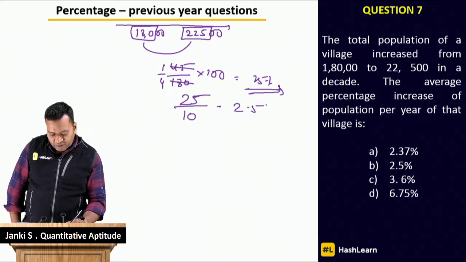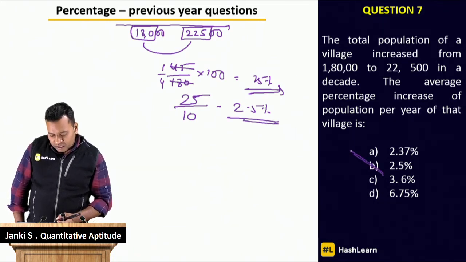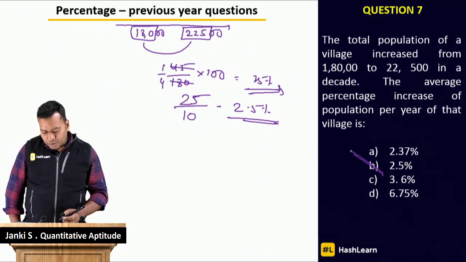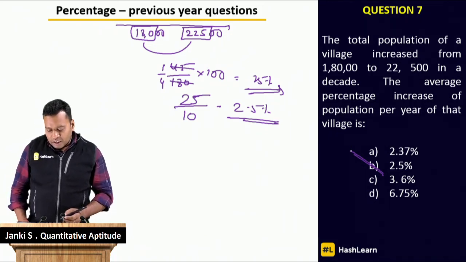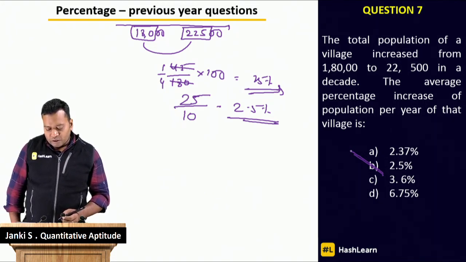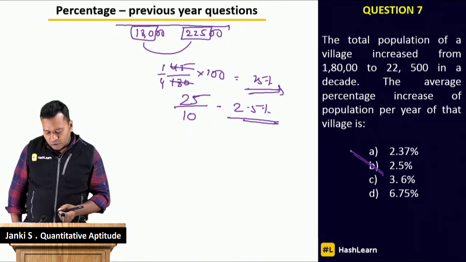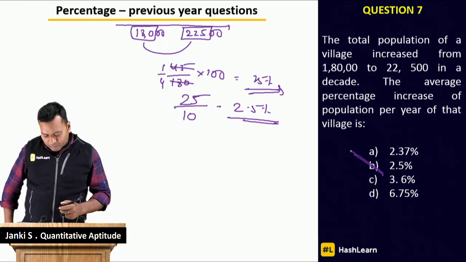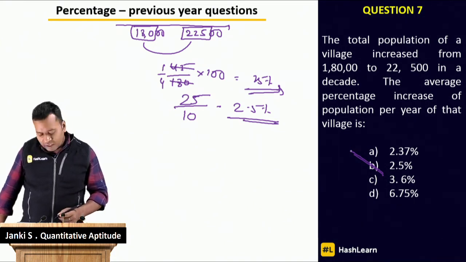That's my 2.5%, the average percentage increase in that particular decade. Let's say from 2010 to 2020, that is the decade they are talking about. So in 10 periods I have the increment as 2.5% per year.